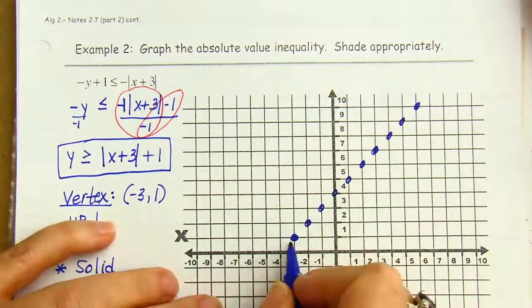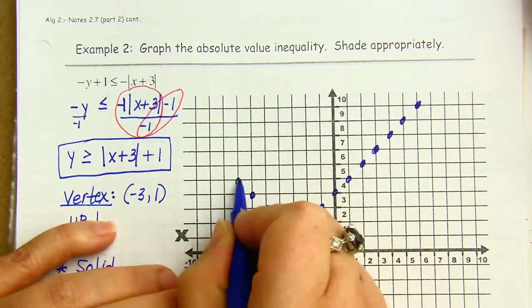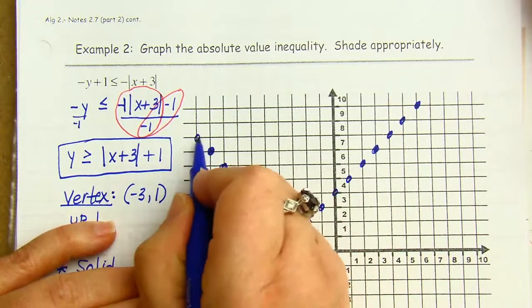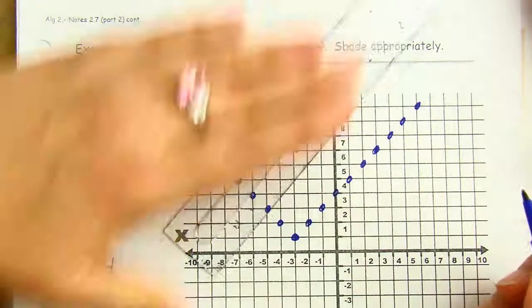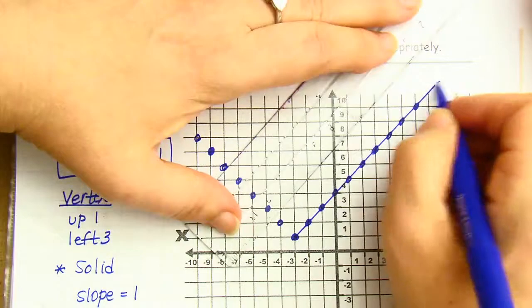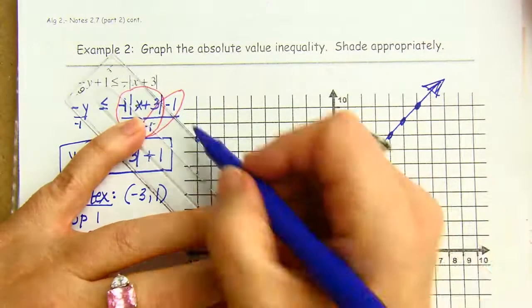And then on the other side, use symmetry to find the corresponding points, because there's no stretching or shrinking going on here. I'm going to draw my solid line. I'm going to put arrows on my graph to say that it continues.